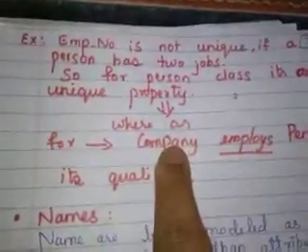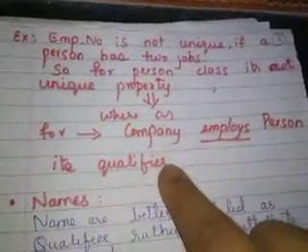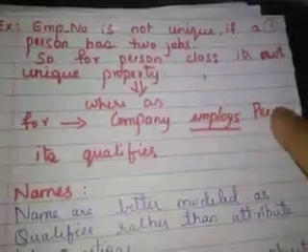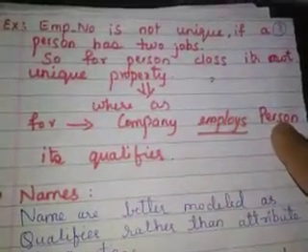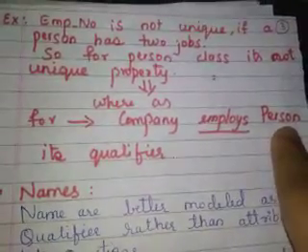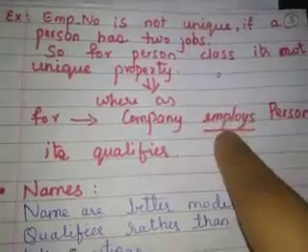In such cases, this employment number will become a qualifier for the association company employs person. We should not make this employee number an attribute of person. Instead, it has to be made a qualifier for the association employs.